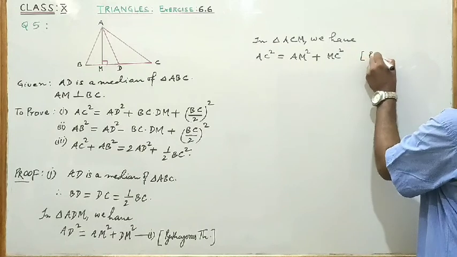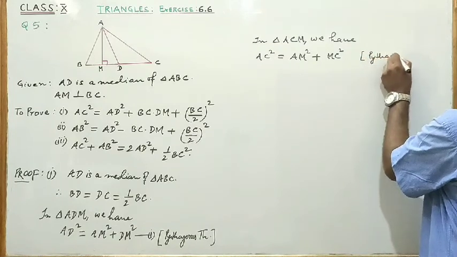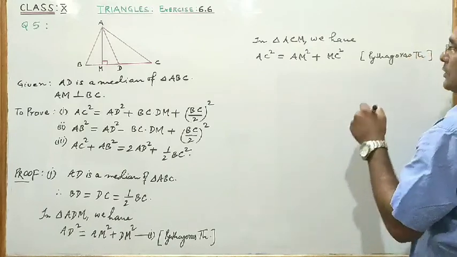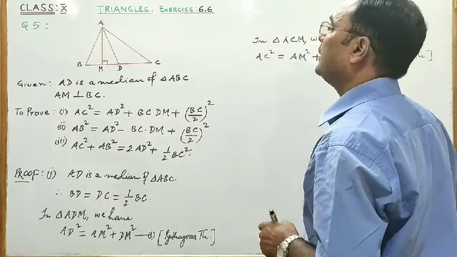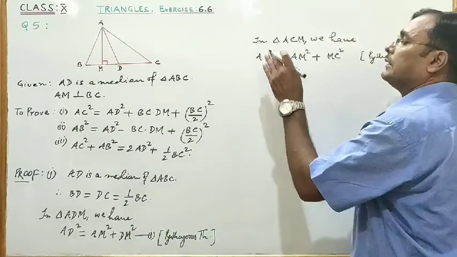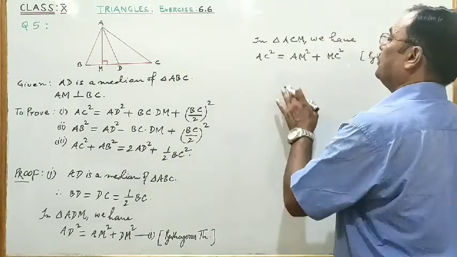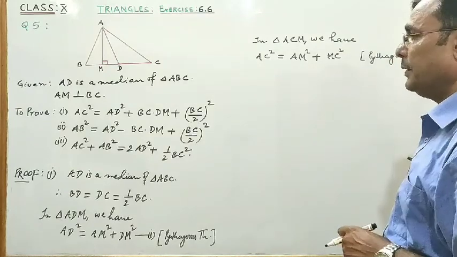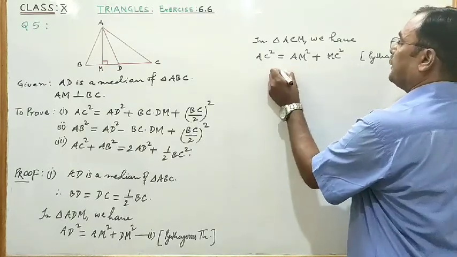This is also from Pythagoras theorem, because triangle ACM is right angled at M. AM is perpendicular to BC, so we have written AC square is equal to AM square plus MC square.